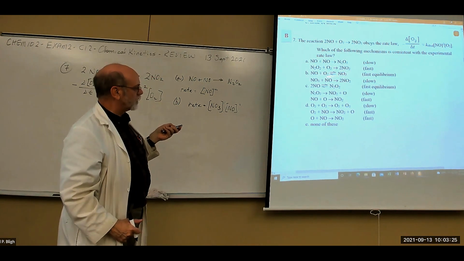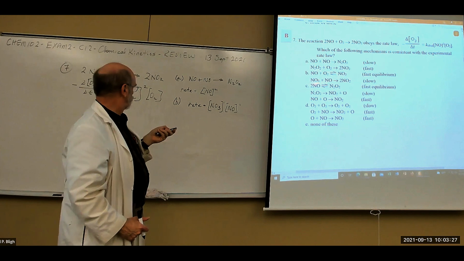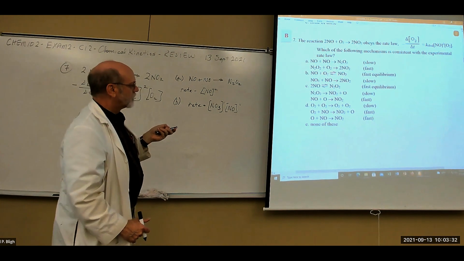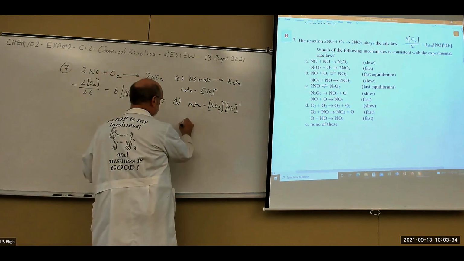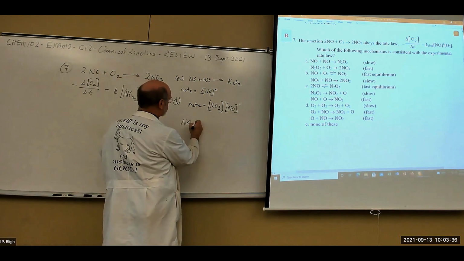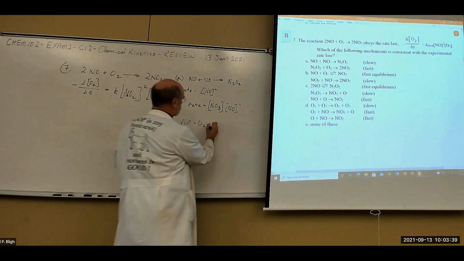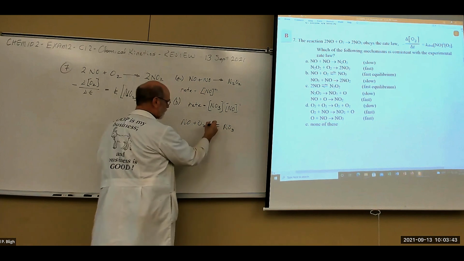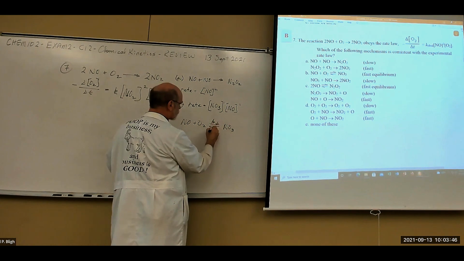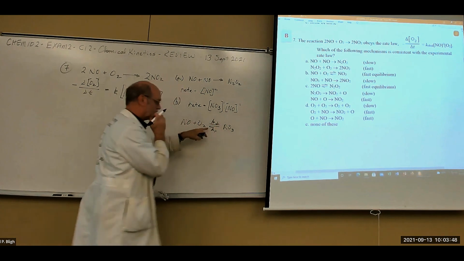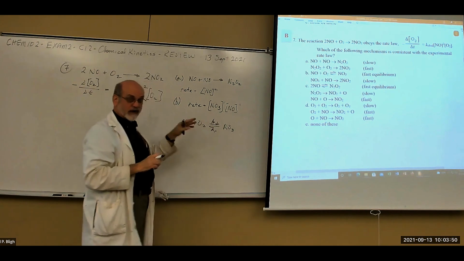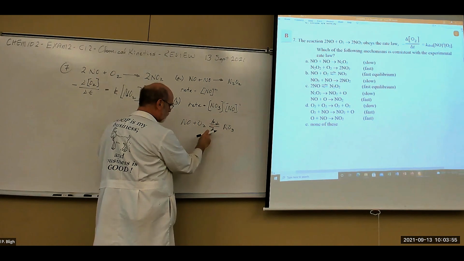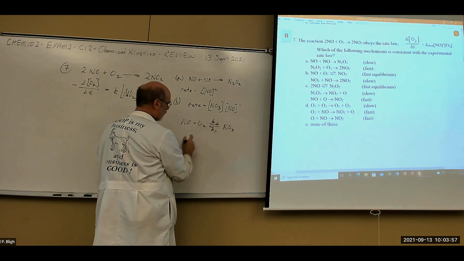Here's a fast equilibrium. This is kind of like the one we did before. Let's see. Yeah. So if we say this one plus O2 is a fast equilibrium with NO3, then this K forward and this K reverse are equal. The rates are equal. So if we write an expression for this one, then it should be equal to the rate of the expression for that one.